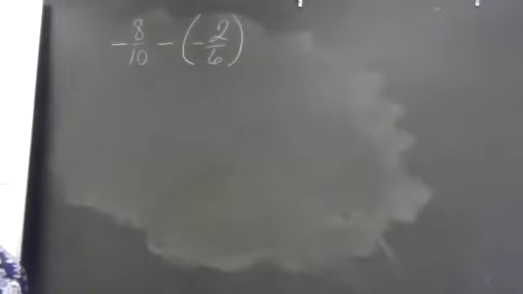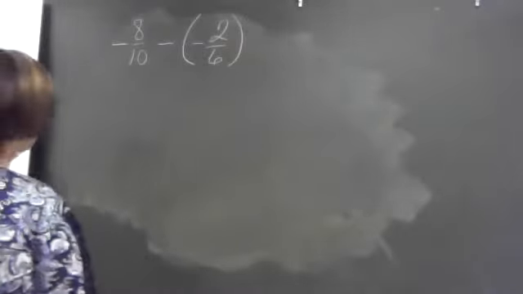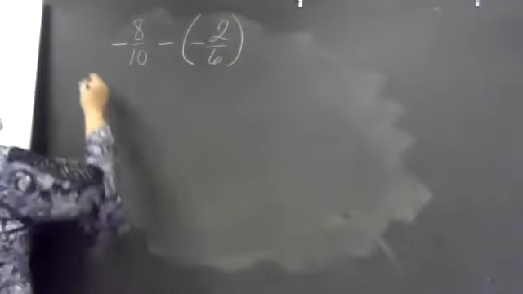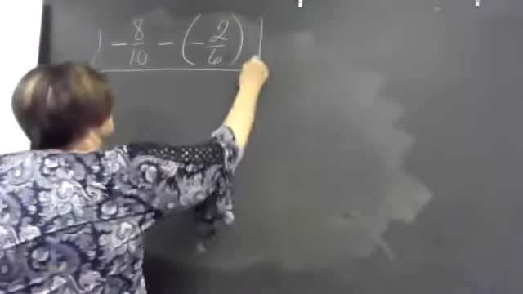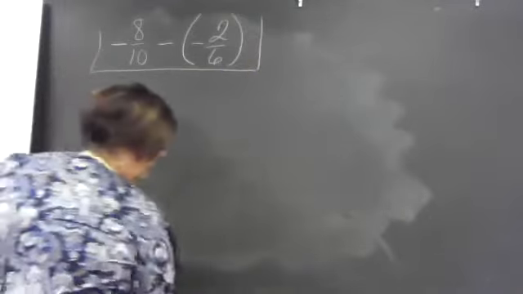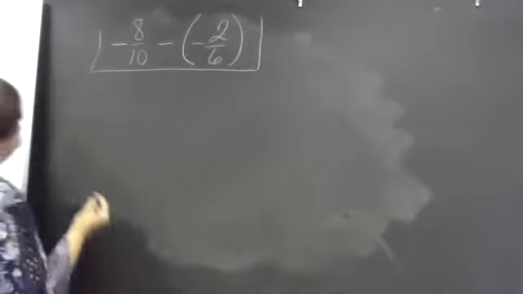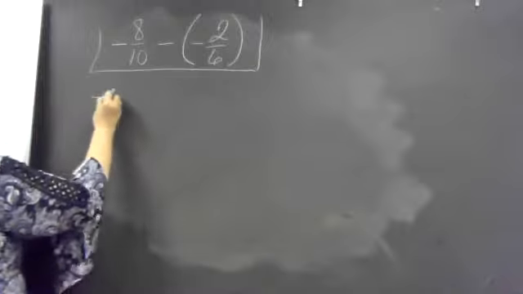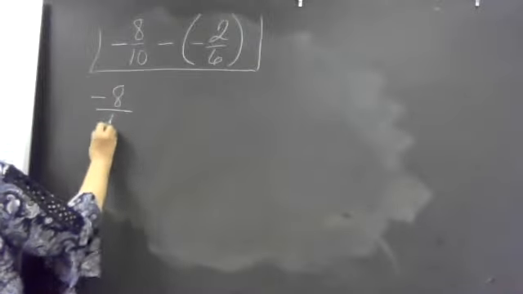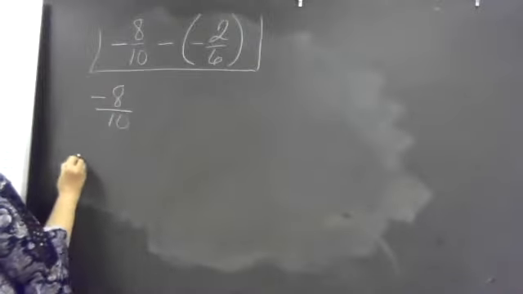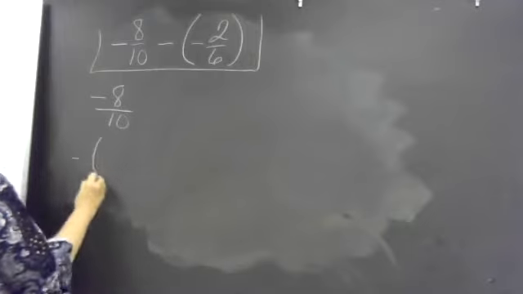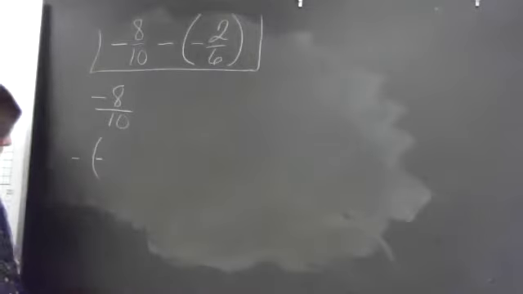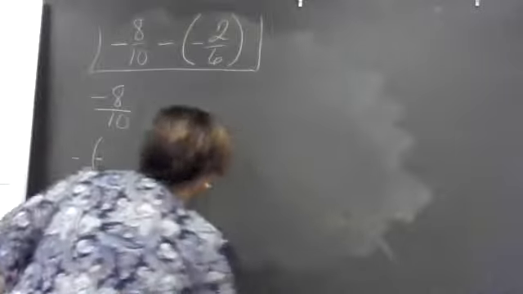And since it's fractions and since it does not have common denominators, then we're going to write it vertically. It's just easier. Try to keep this from being confusing. Okay, so we have -8/10 minus a negative. Well, I don't think I want to put the parentheses there.